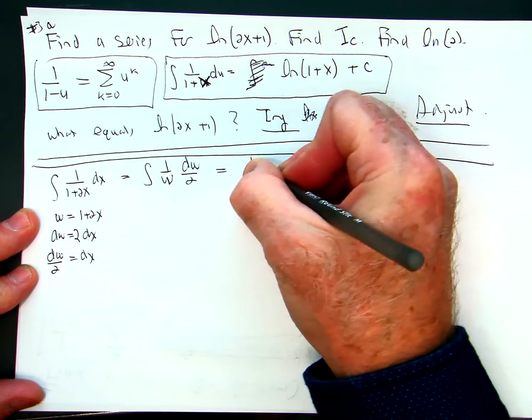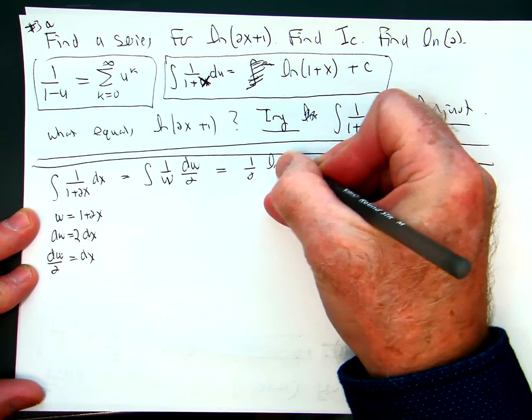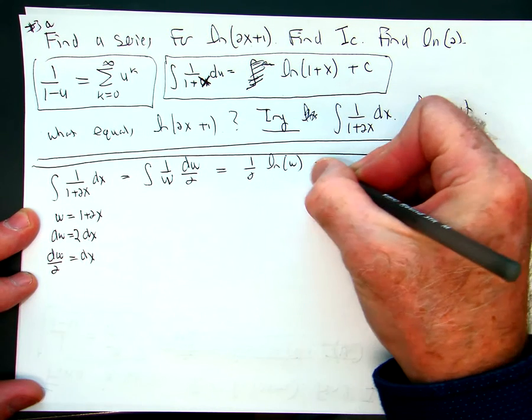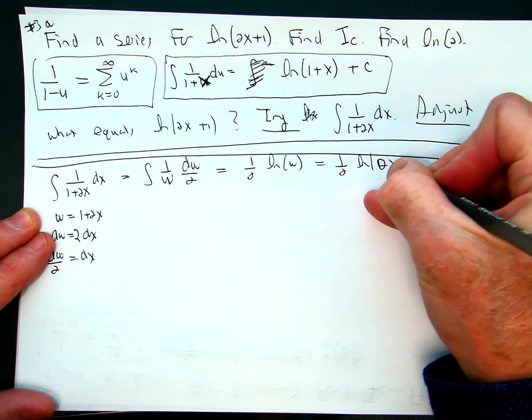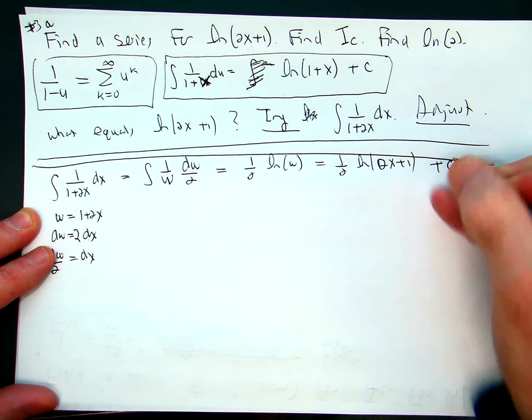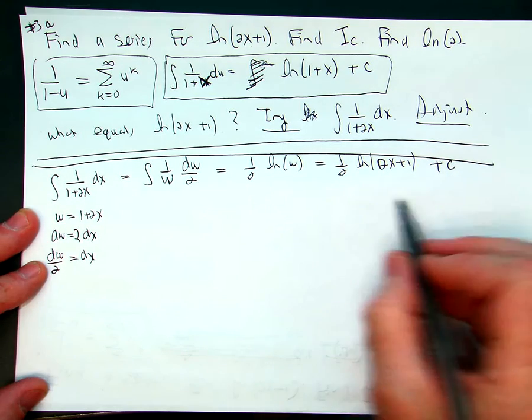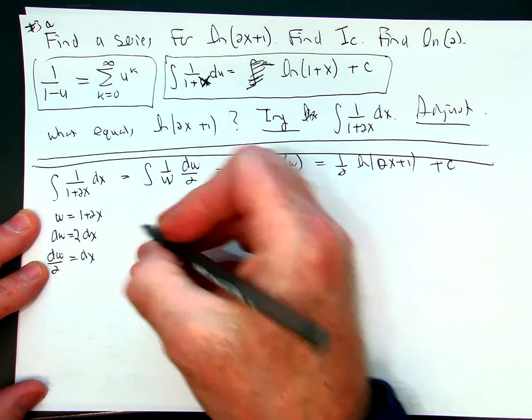That's going to be equal to 1/2 natural log of w, equals 1/2 natural log of 2x plus 1 plus c. But I have the half there. But what I want is just that, so I have to multiply everything by 2.